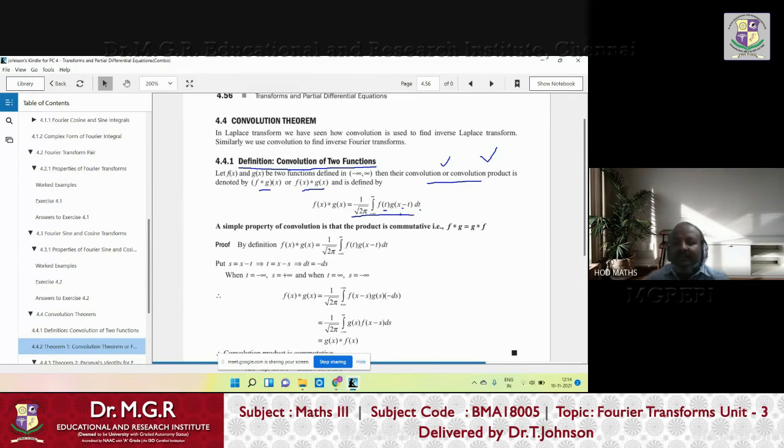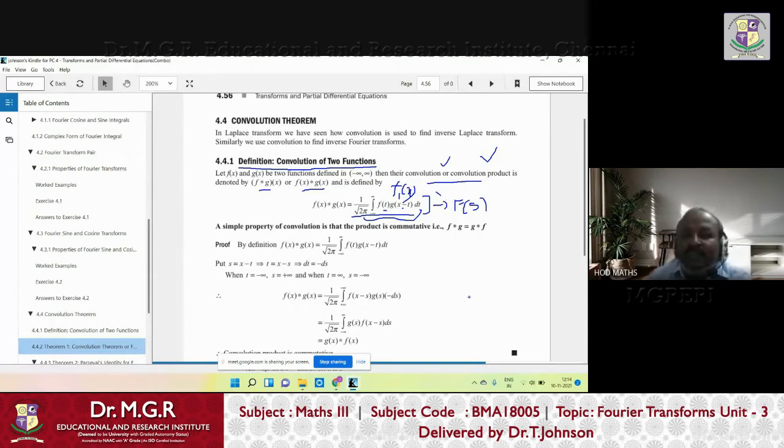So after integrating this function, putting the limits for t, minus infinity and plus infinity, finally this will again be a function of x only, and you can find the Fourier transform of that also, right? Again the final form will be some function of x, not the same f. It may be some f1 of x after integrating all these things, right? So even if you find the Fourier transform of this entire thing, again it will be f of s.